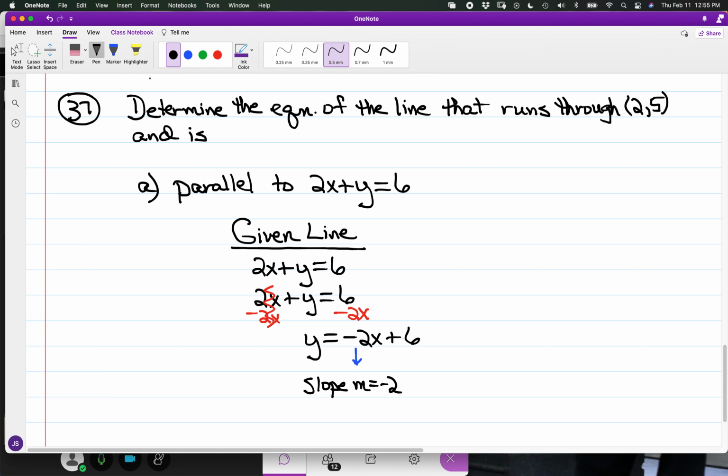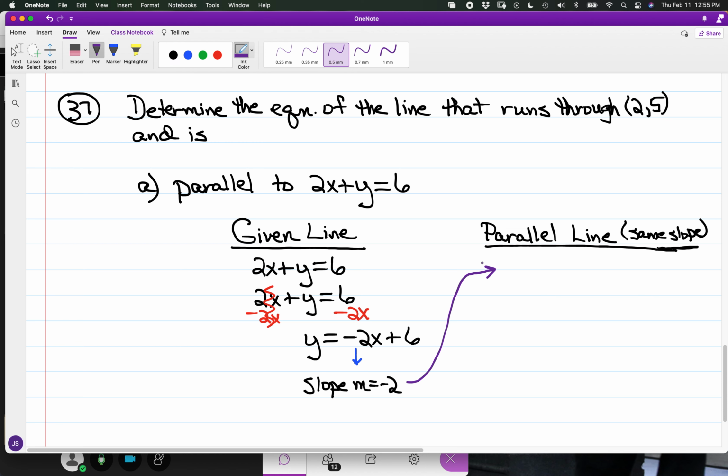Now, looking at the parallel line, again stressing that we have the same slope, the slope m is equal to negative 2.